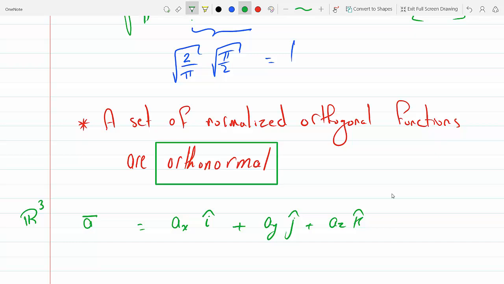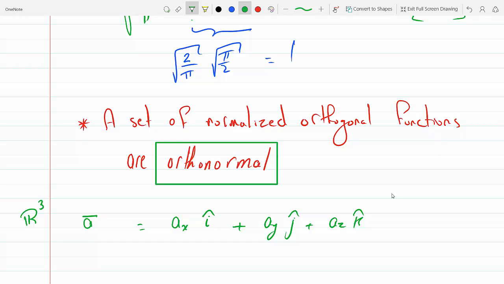And the reason you are able to do that is because i, j, and k are orthonormal in R3. These are unit vectors, and they're orthogonal, and they have a norm of 1.